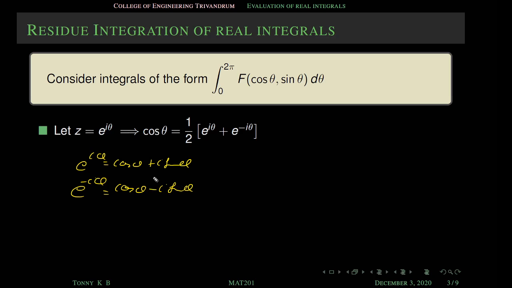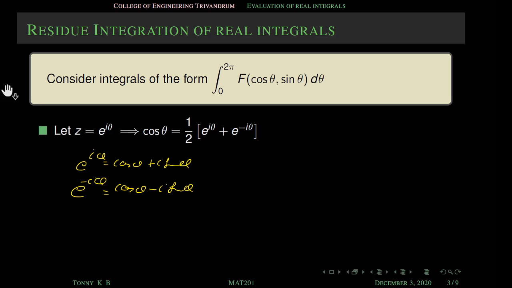So by taking the sum of e raised to i theta plus e raised to minus i theta, this becomes 2 cos theta. That's why there is a 1 by 2. So this is cos theta.